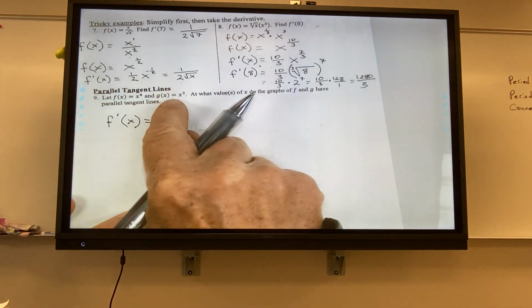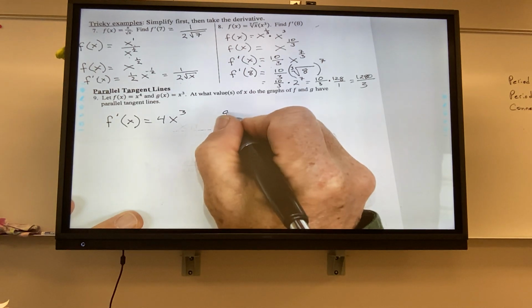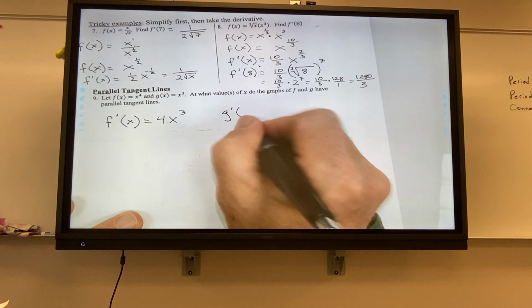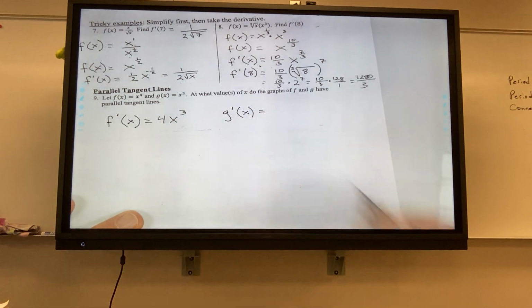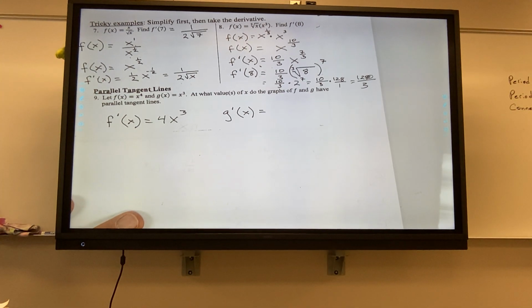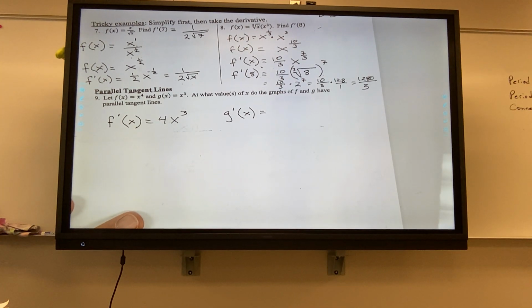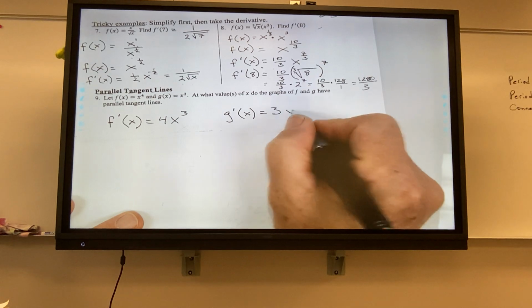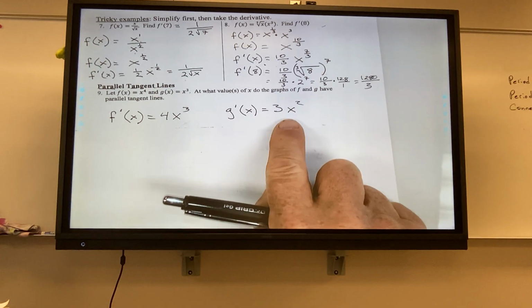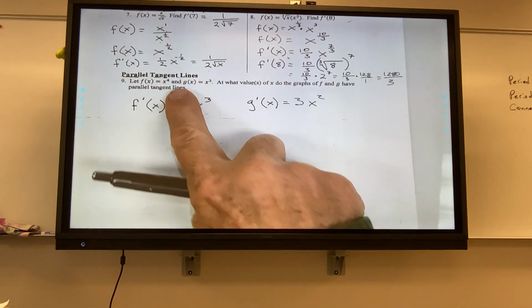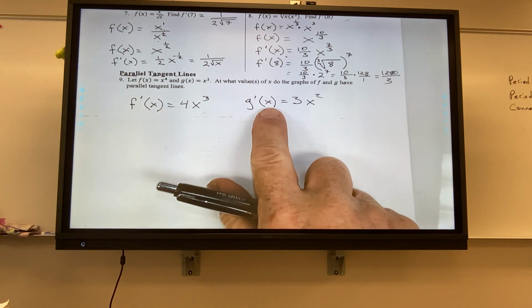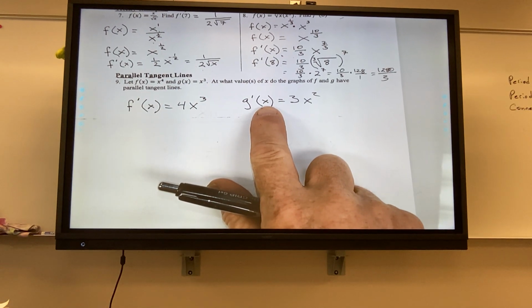Here's g of x is equal to x cubed. Tyler, what's the derivative of g? 3x squared. This gives me any slope on the tangent line on g for any value of x, right?